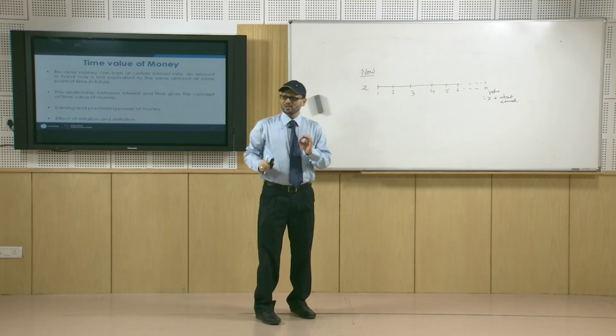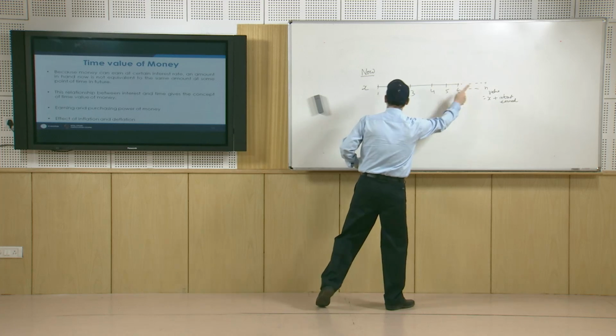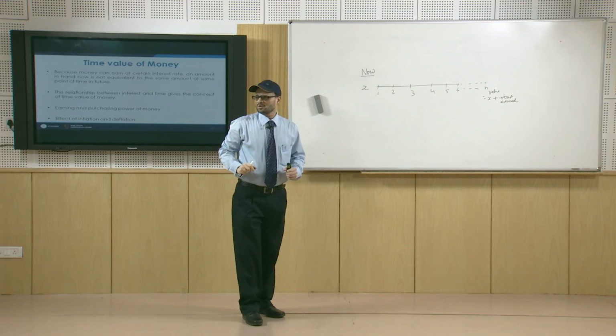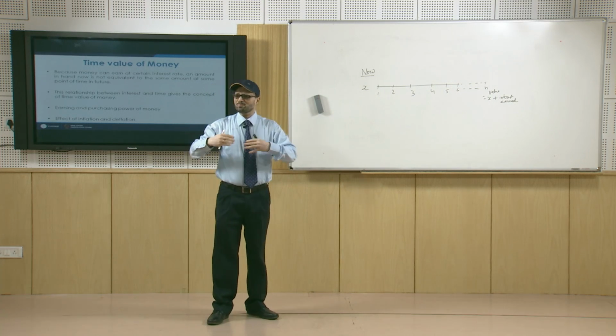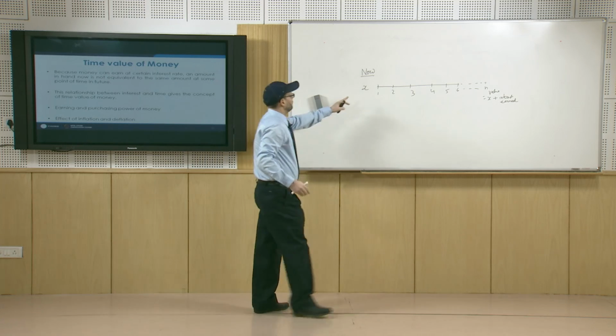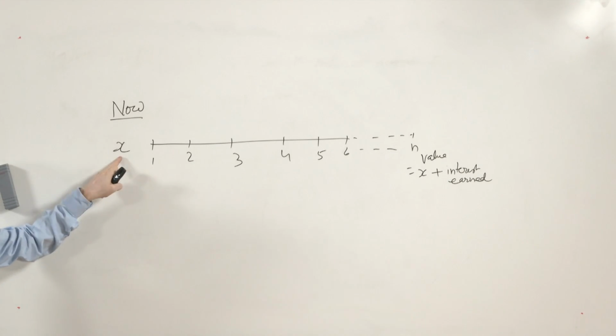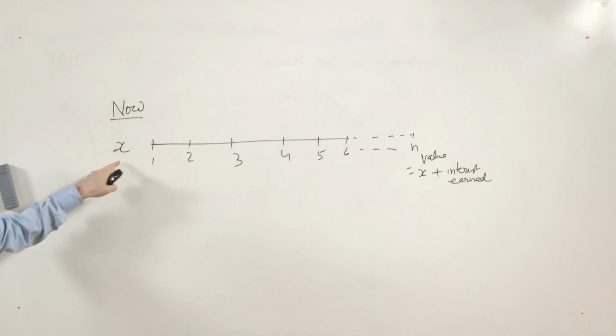Means the money which you have now, its value is going to change. The benefit or the pleasure which you get now, you are having certain money x which you did not have.